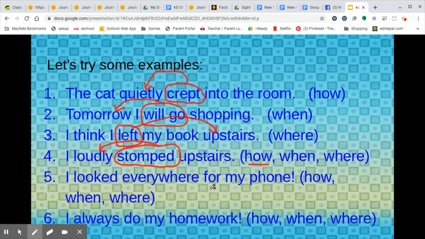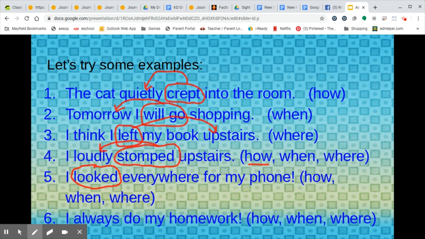Number 5, I looked everywhere for my phone. So first of all, what is the verb or the action in this sentence? What did I do? I looked. Okay, now what is the word that describes that verb?